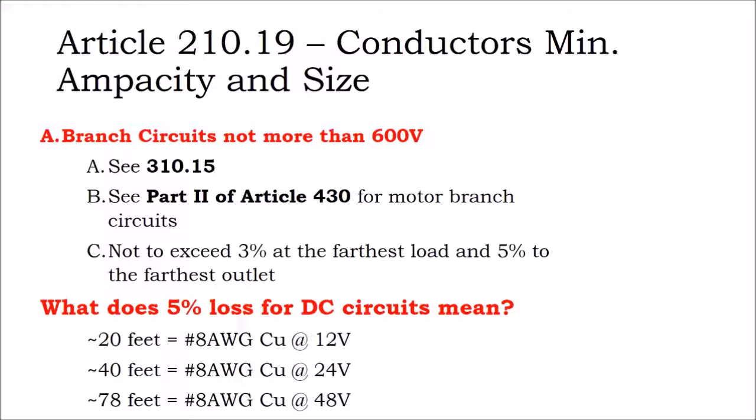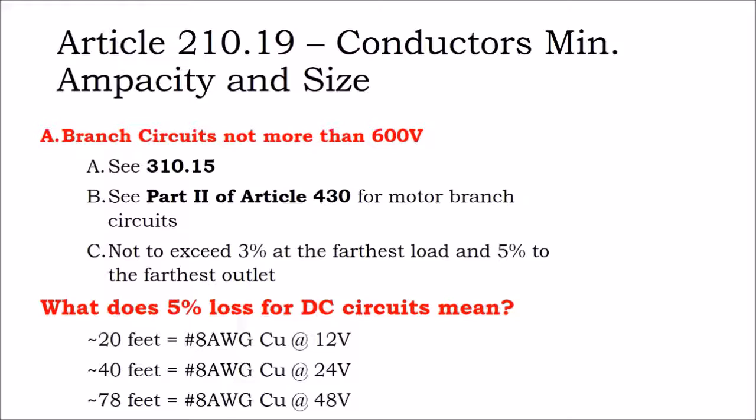And since we're on the topic of voltage drop, what does a 5% to the furthest outlet mean? Now, what would that mean for AC or DC circuits? I put DC in there, but actually AC is less efficient than DC. You know, DC goes from that high potential all the way down the mountain to its low potential.